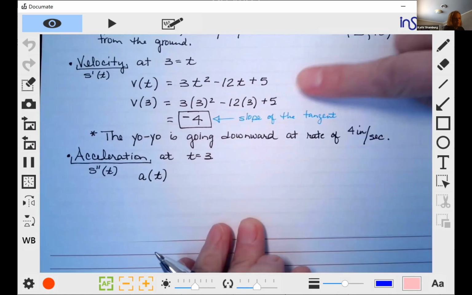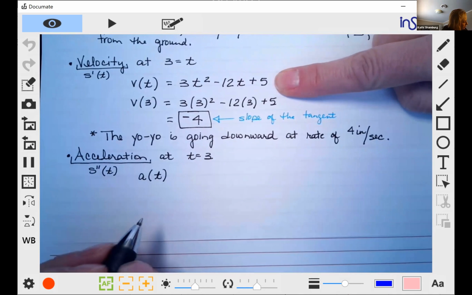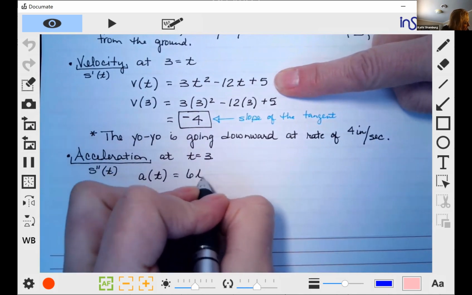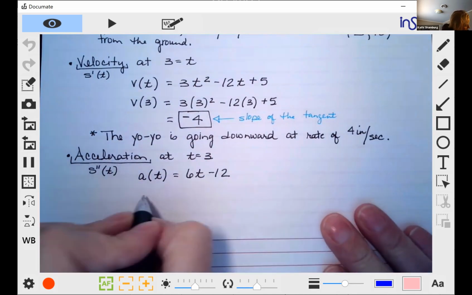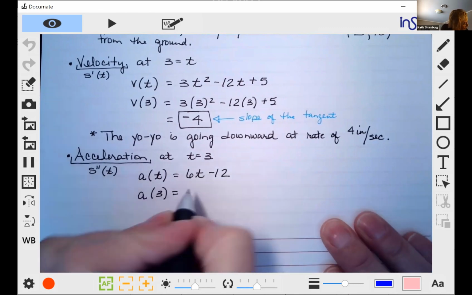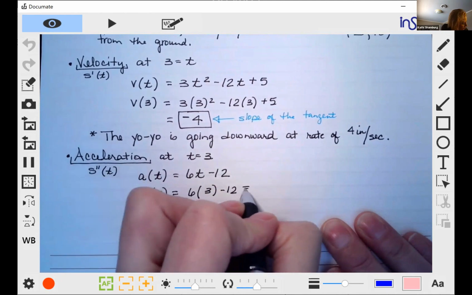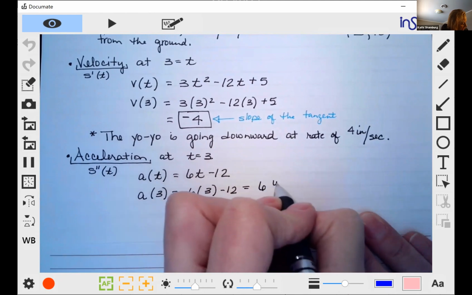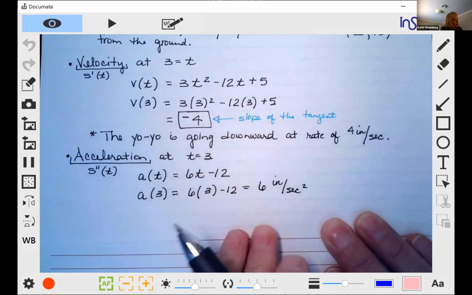So I go to the first derivative, and now I am going to take the second derivative, which would be 6t minus 12. And we're going to do that at 3 seconds. So 18 minus 12, so we get 6 inches per second squared.